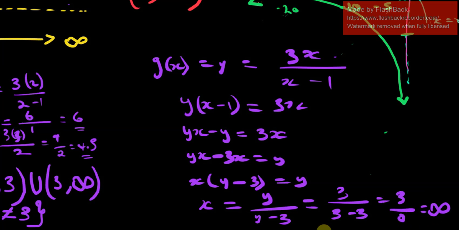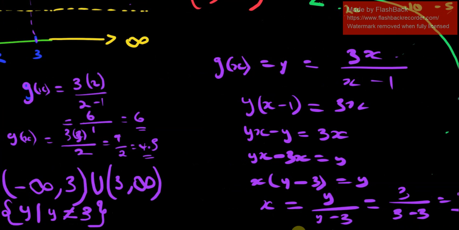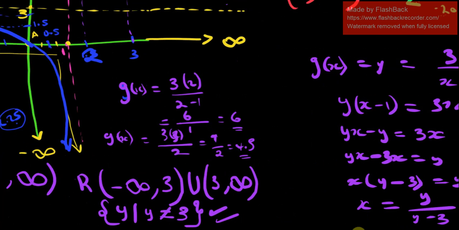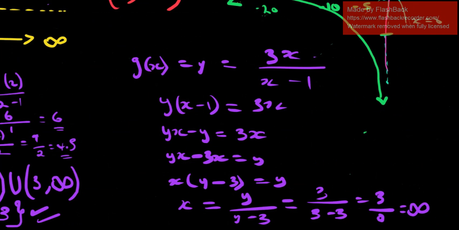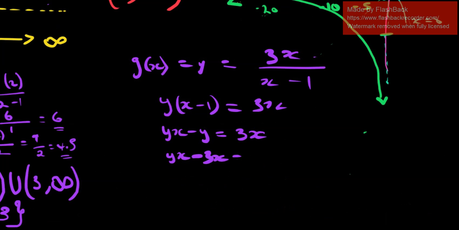This exactly is our horizontal asymptote, so this is very correct. The math never goes wrong. Trust the math, guys. It never lets you down.